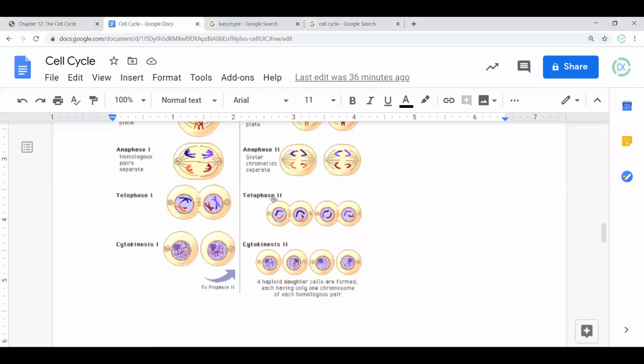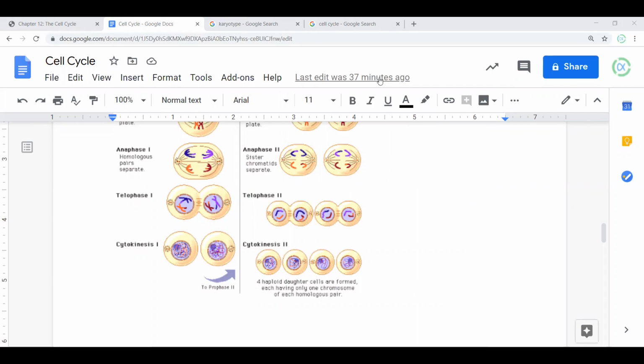If you can see on the diagram, there's this little indent here. That indent is what we call the cleavage furrow.